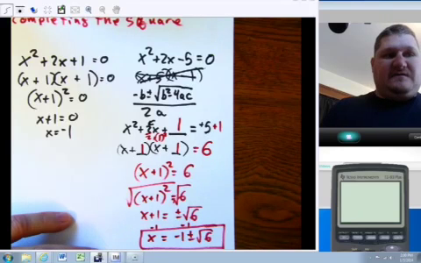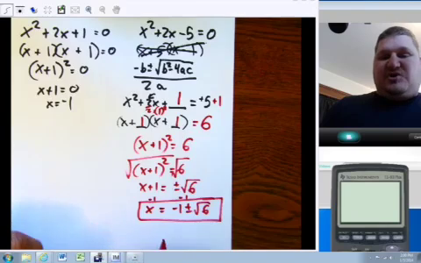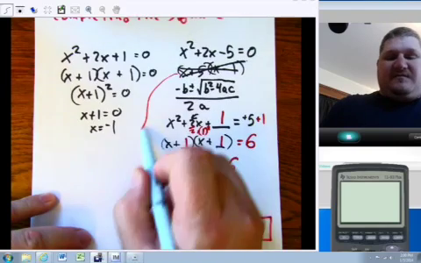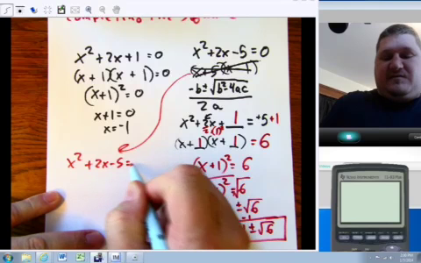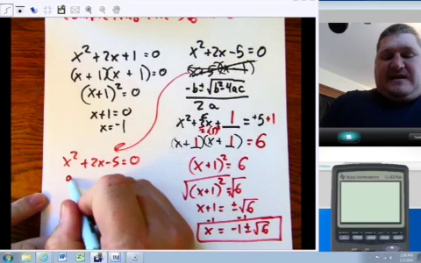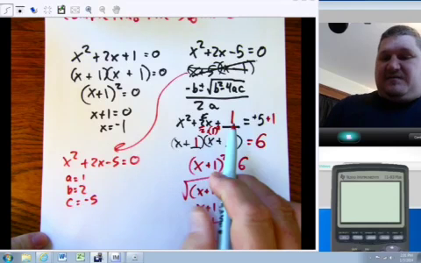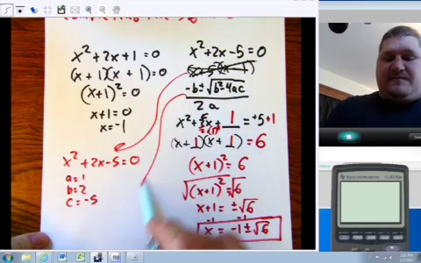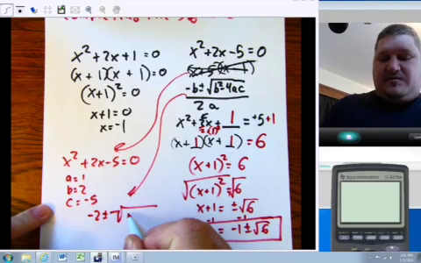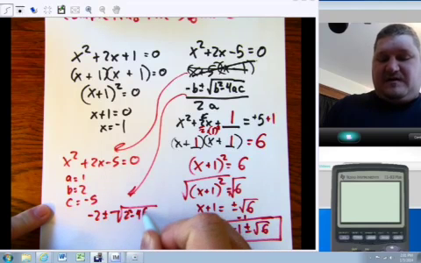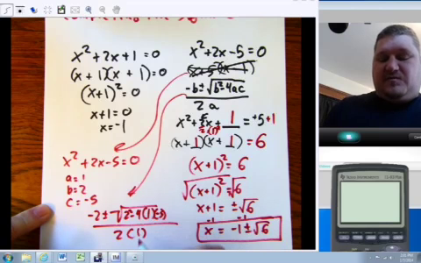There it is. Now, we could also solve it using the quadratic formula. So let's bring this over here. x squared plus 2x minus 5 equals 0. A equals 1, B equals 2, C equals -5. I'm going to use the quadratic formula and say opposite of 2 plus or minus the square root of 2 squared minus 4 times 1 times -5, all over 2 times 1.